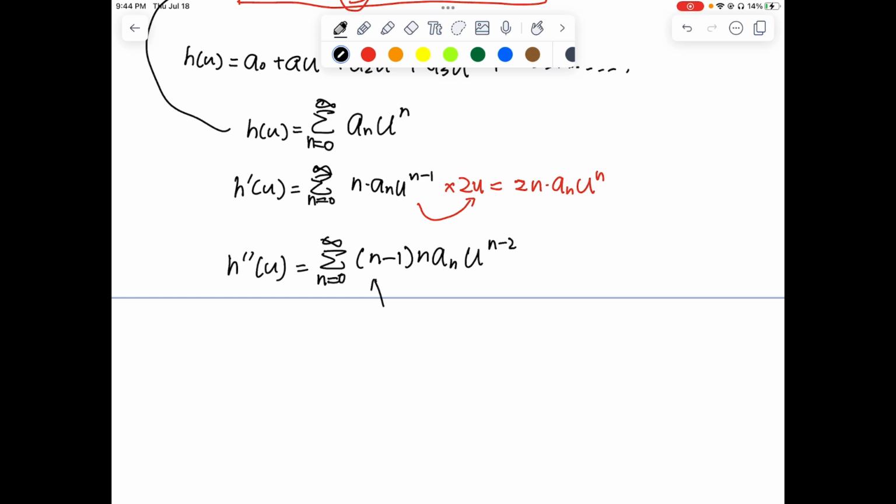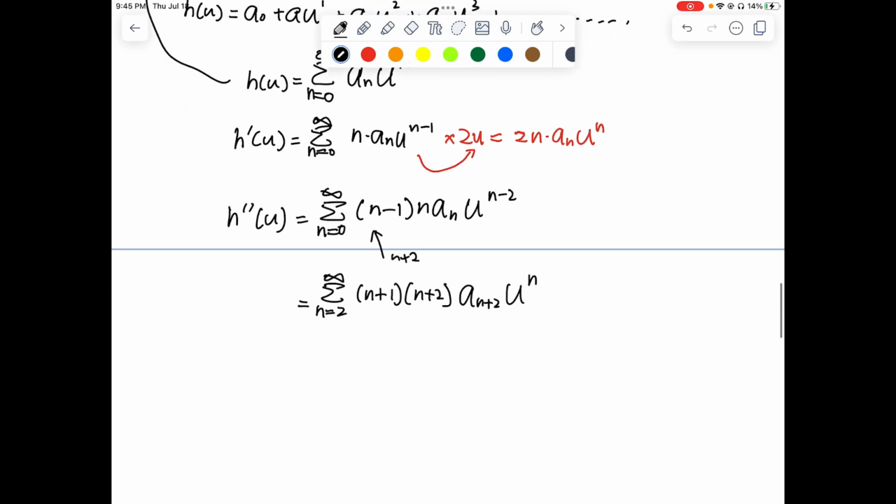So we plug in n plus 2 for every term and make the summation start at n equals 2. This equals the sum from n equals 2 to infinity of n plus 1 times n plus 2 times a n plus 2 times u to the n. What we did here is just add 2 for every n, and this should get us the same thing.